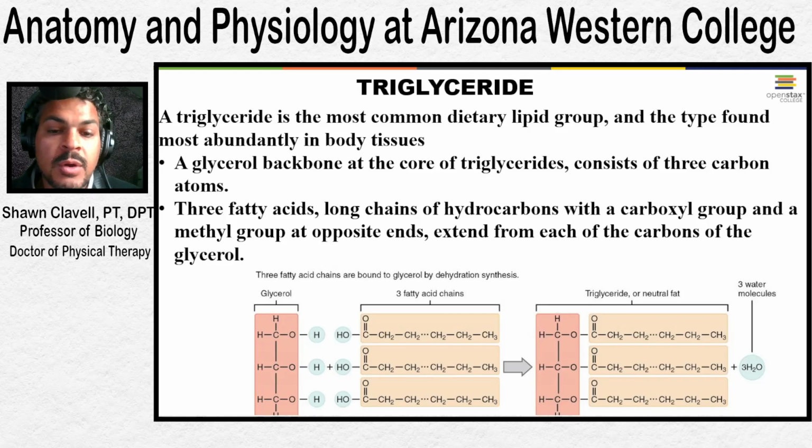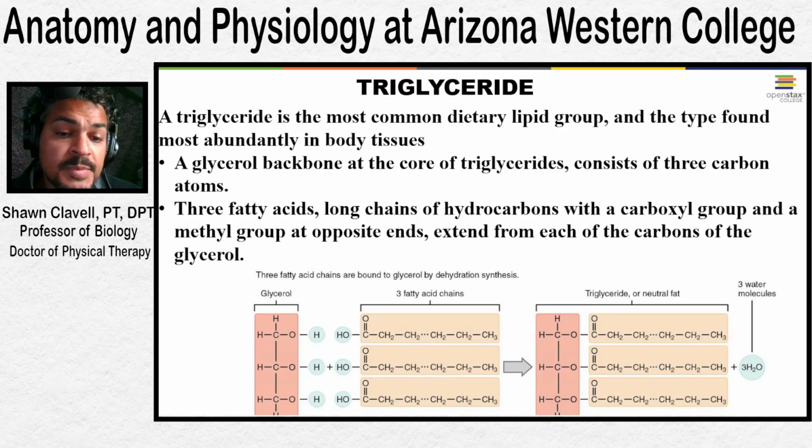First, there's a glycerol backbone at the core of the triglyceride, which consists of three carbon atoms. Then there are three fatty acids, long chains of hydrocarbons with a carboxyl group and a methyl group at opposite ends. So you've got the carboxyl group at one end and the methyl group at the other.